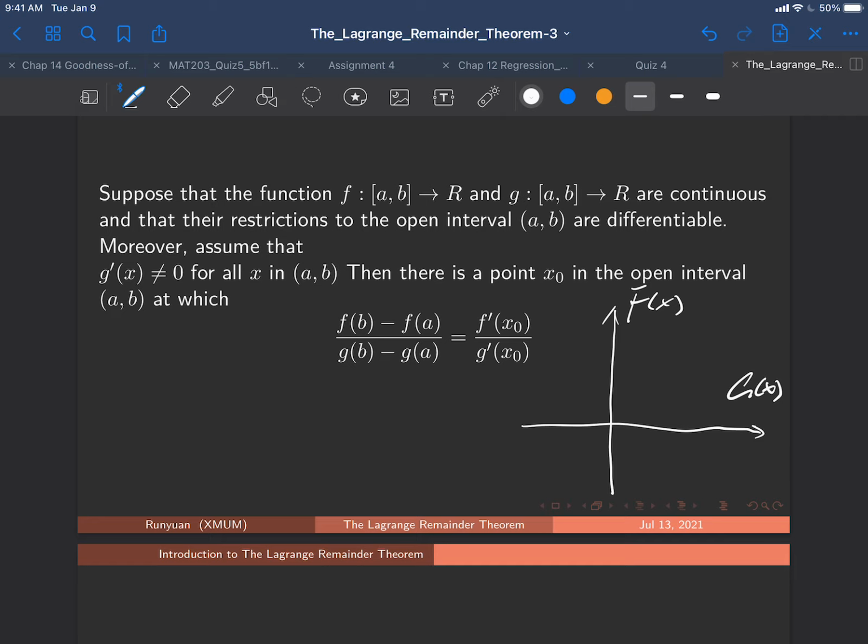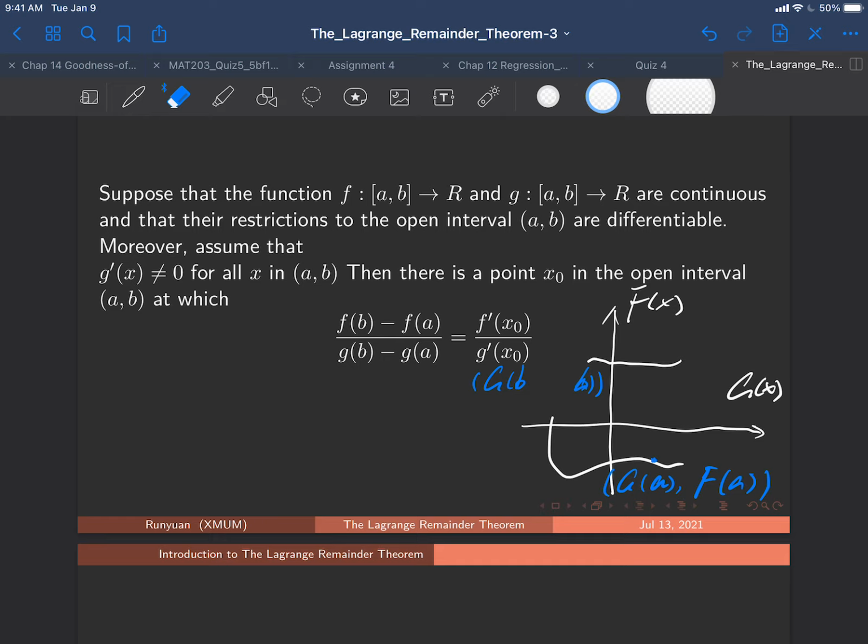In these axes, there exists a curve, and there are two points, (g(a), f(a)) and (g(b), f(b)).